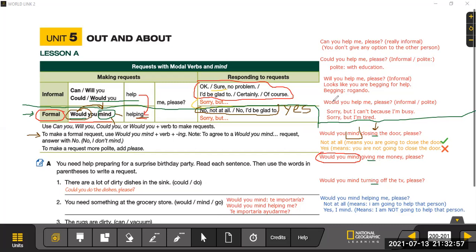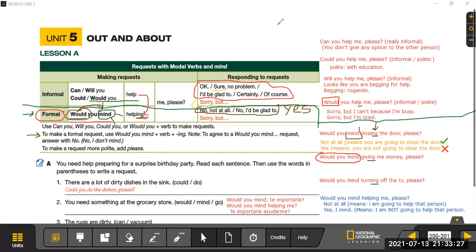But if you don't use mind, like in this sentence, you can use the base form of the verb. It is only when you use would you mind that the verb goes with ing. Understand? Okay. Any other question?